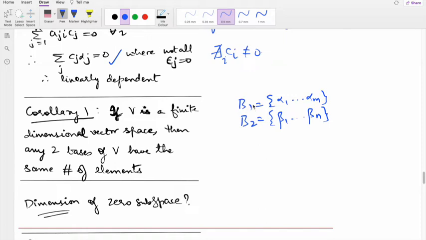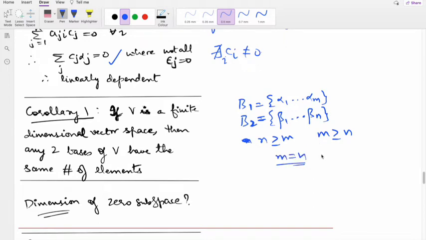Now since B2 is linearly independent, and alpha 1 to alpha m spans V from the definition of basis, n has to be greater than or equal to m. Similarly, I can show that m has to be greater than or equal to n. So the only condition that this satisfies is that m has to be equal to n.